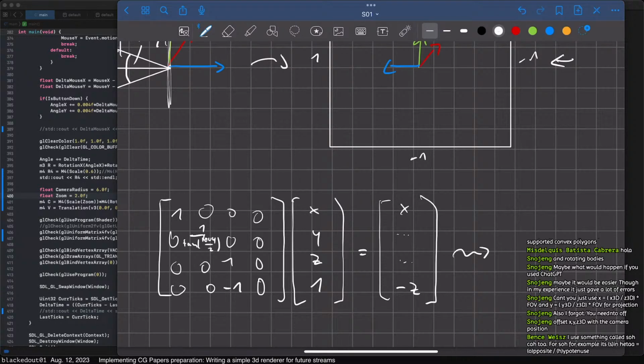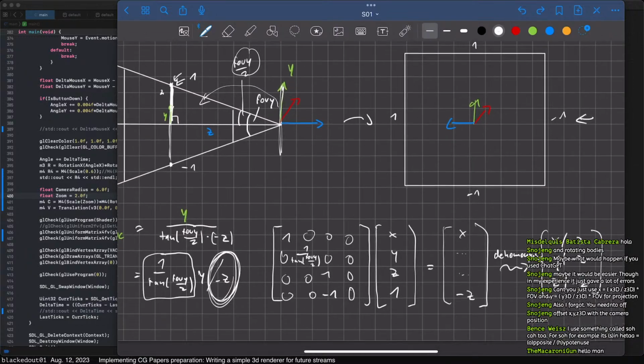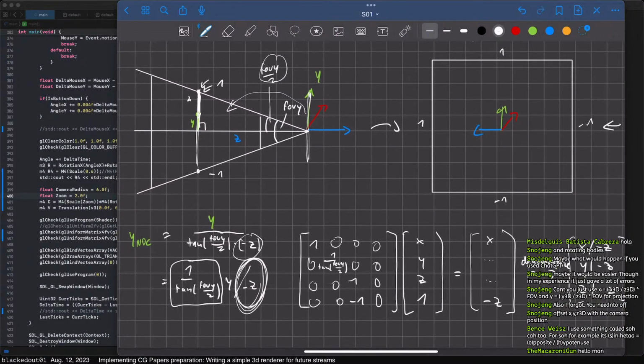So to convert the point back to its 3 vector form, if the point would look like this, we dehomogenize, we divide by w, and this way we achieve the scaling by z.